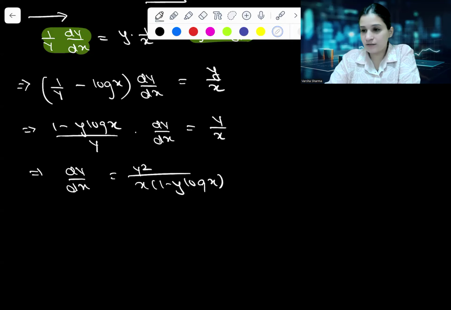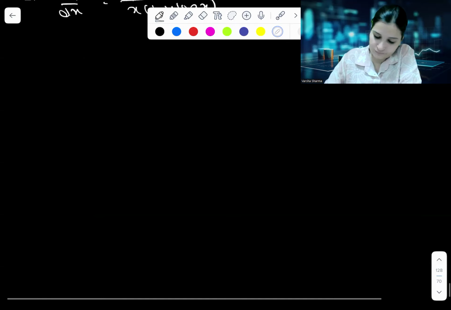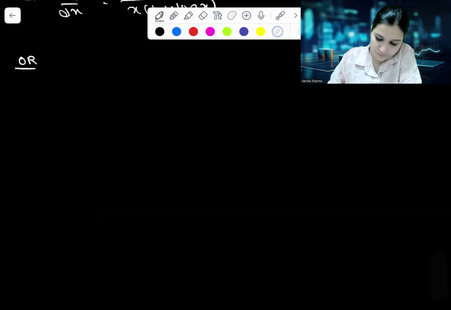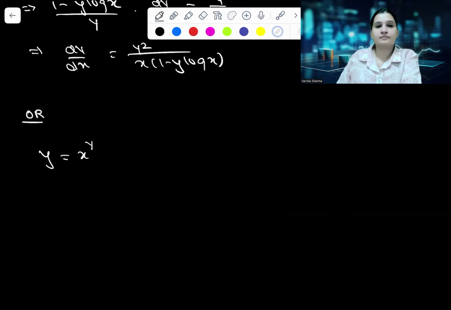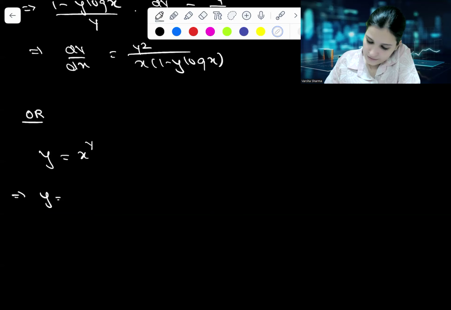Have we done it? Ma'am, is the answer y squared by x into 1 minus y log x? Yeah, it's the same answer only. So y equals e power log, just copying this term here as it is.